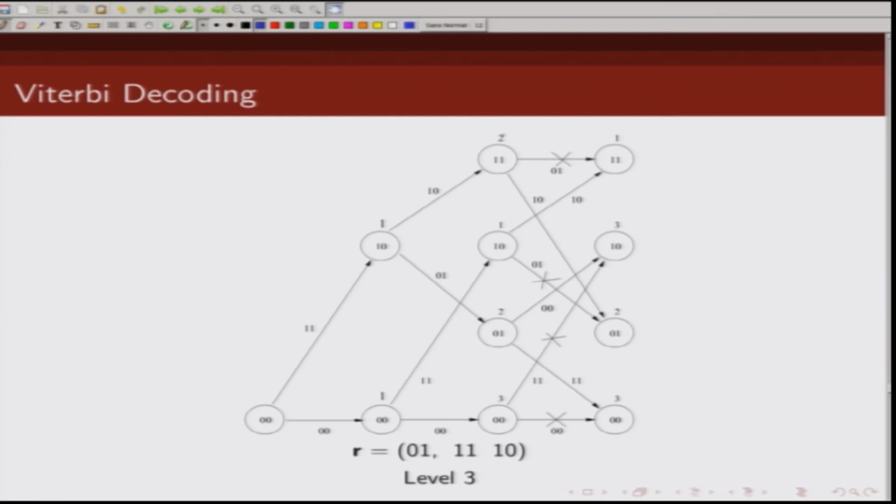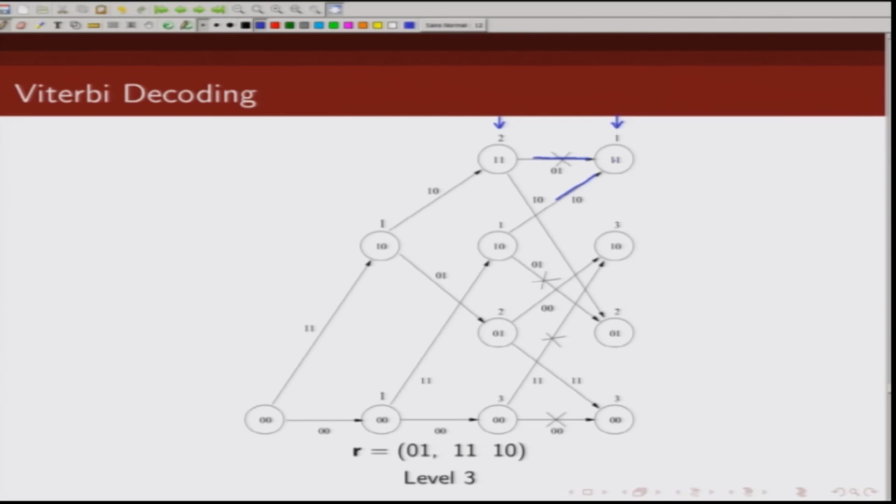Now, once we know what are the path metrics at this time instance, what do we do next? We need to find the path metric here. Now, how do you find the path metric here? Note here we have two branches which are entering the state. One is this, other is this, right. So, how do we compute the partial path metric here?